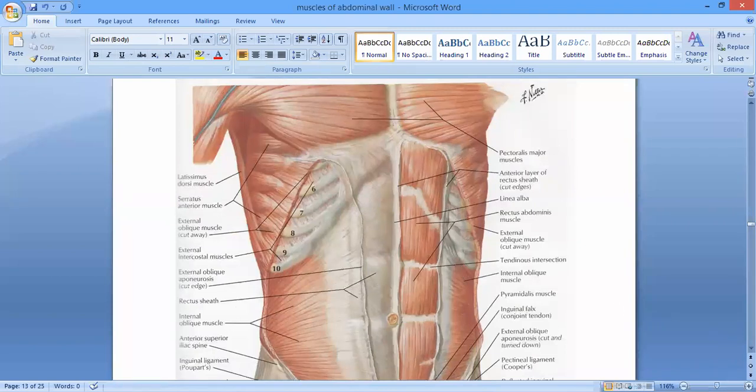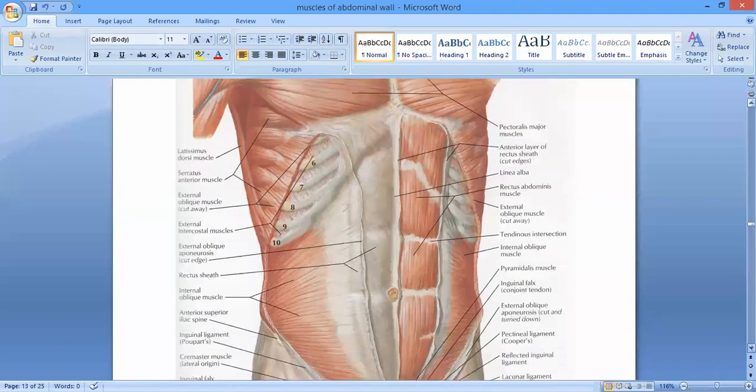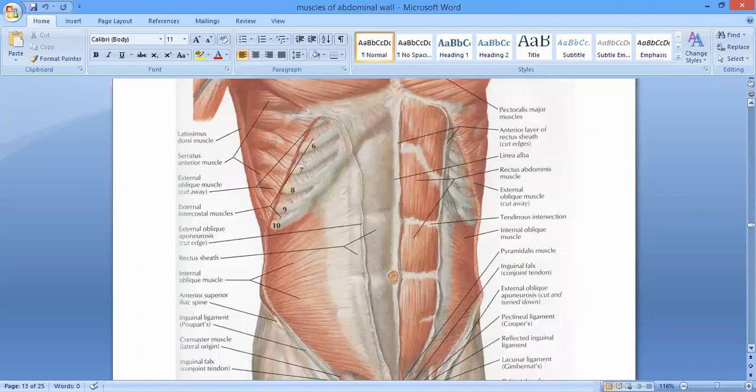Okay. We'll talk about the rectus sheath arrangement at 3 levels. Here, above the costal margin, ठीक है, कोस्टल मार्जिन से above, right? Above the costal margin, the anterior layer is formed only by the aponeurosis of the external oblique muscle, right? Okay.